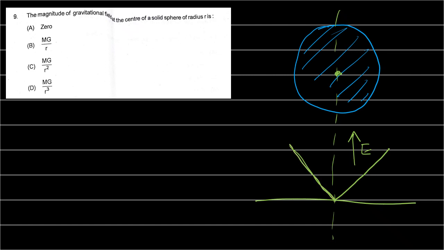So the question asks to calculate the magnitude of this field at the center. So the answer is simply zero.